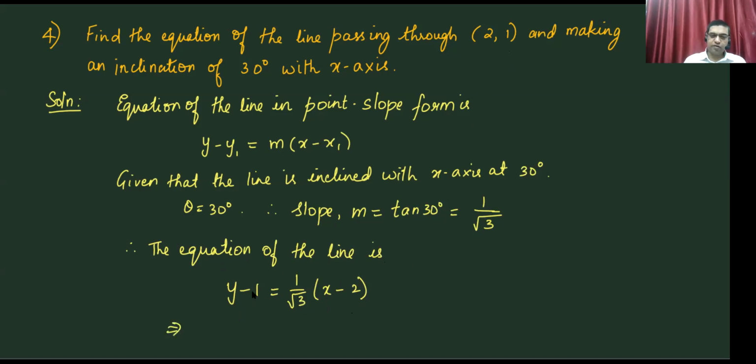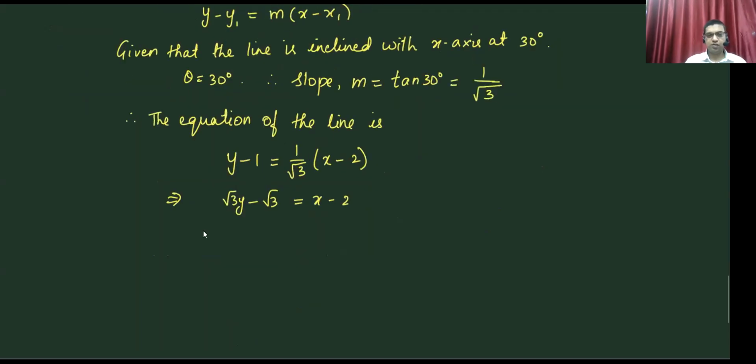Take this root 3 to the other side: root 3 y minus root 3 is equal to x minus 2. So we get, bringing all the terms to one side, x minus root 3 y plus root 3 minus 2 is equal to 0. This is the equation of the line, using point slope form.